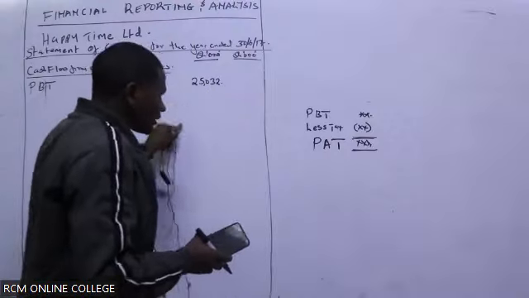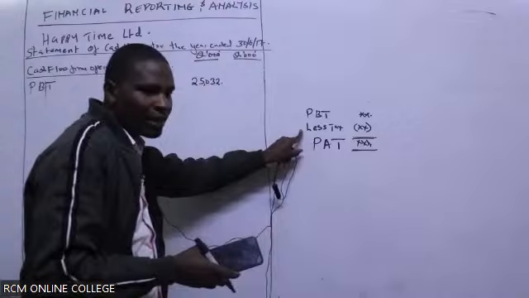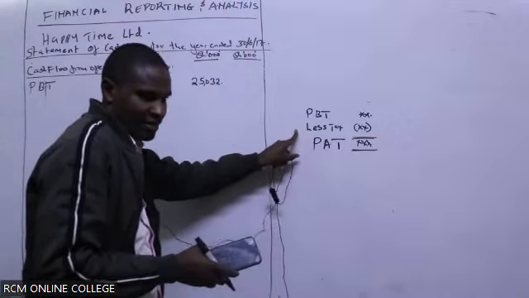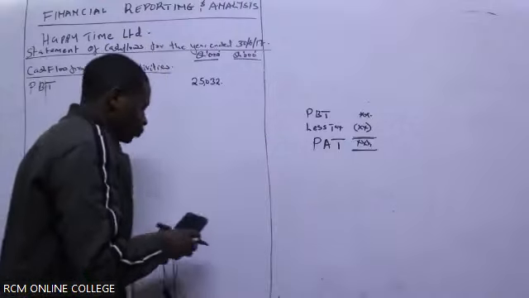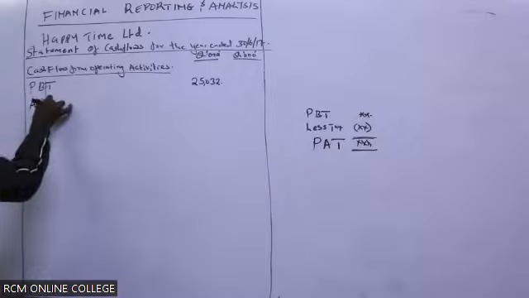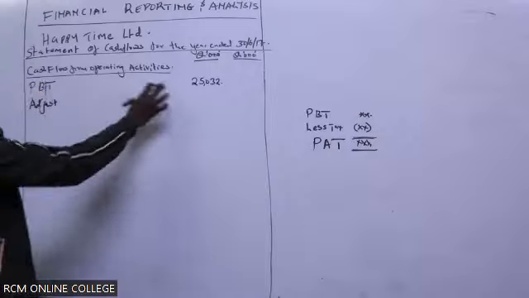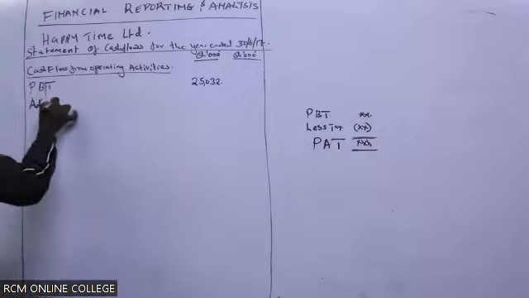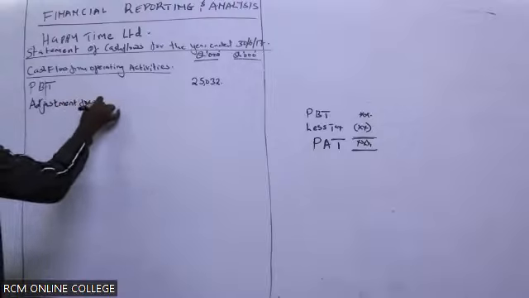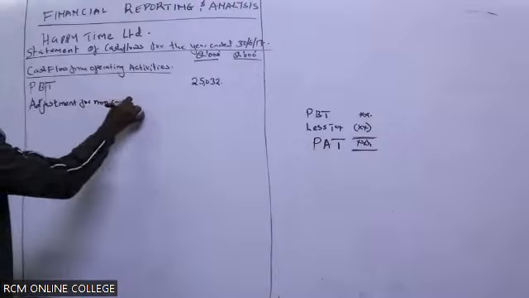When you are adjusting, remember to add back tax expense, under adjustment for non-cash items. Some were asking, teacher, why don't we add it directly? No, follow the adjustment, because you are adjusting.